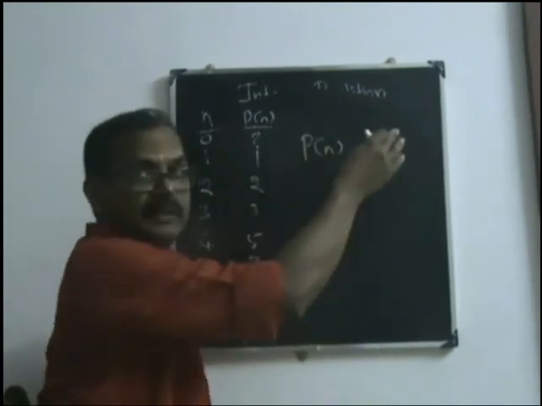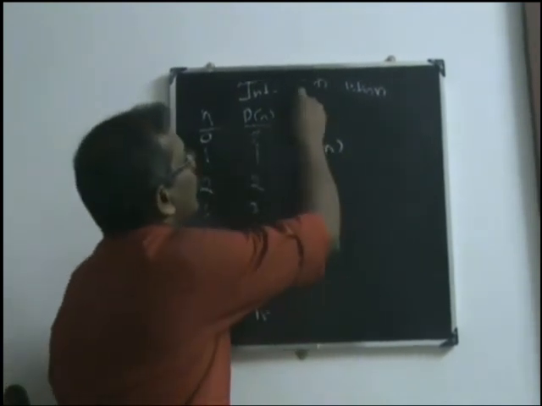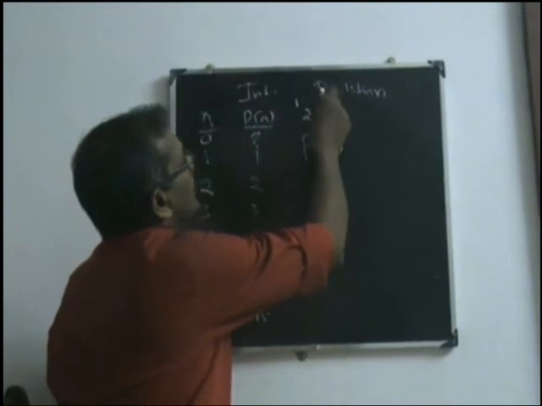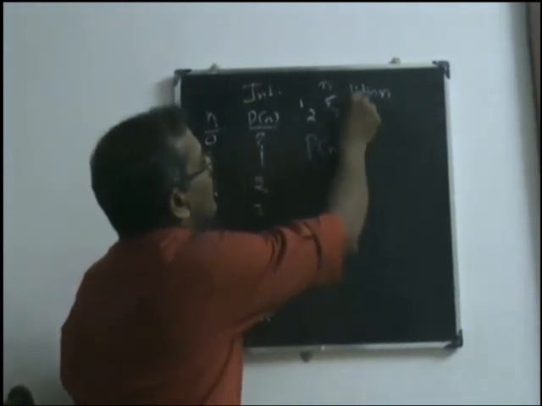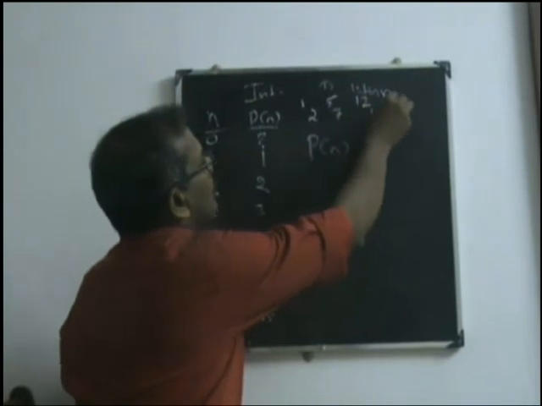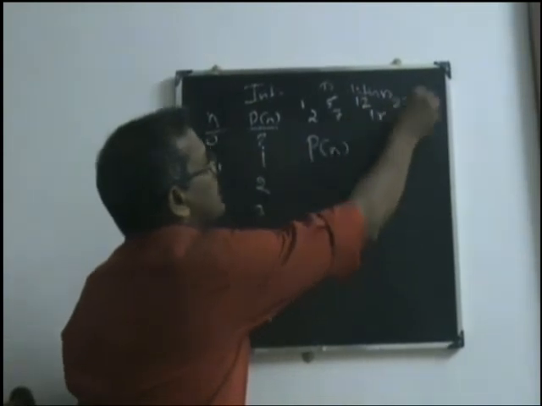Once again we can write the generalized pentagonal numbers: 1, 2, then the next number is 5, then 7, then 12, 15, then 22, 26, and so on.